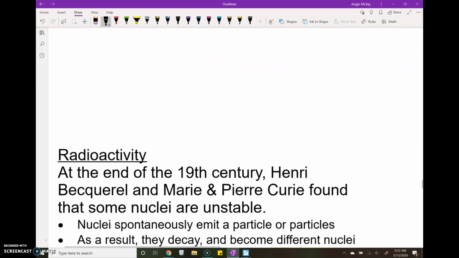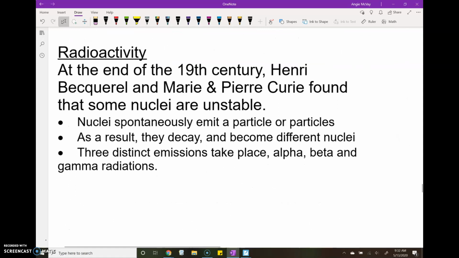And what we want to actually do is put all that together and investigate what happens with nucleuses. There's an idea called radioactivity, something that was noticed at the end of the 19th century by the Curies, Marie and Pierre, in addition to Henri Becquerel.